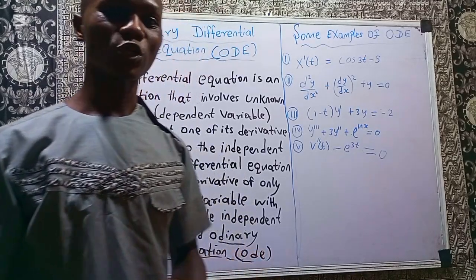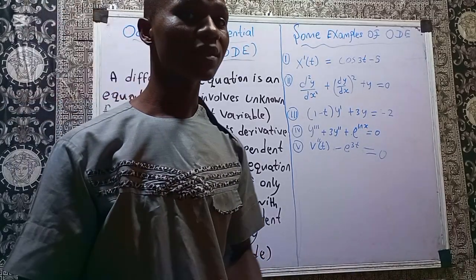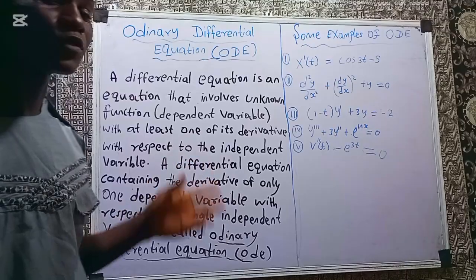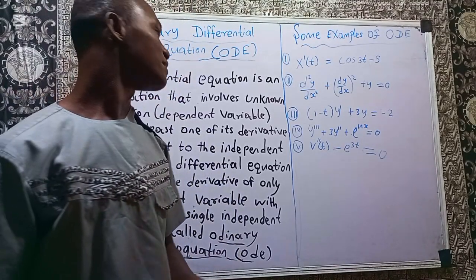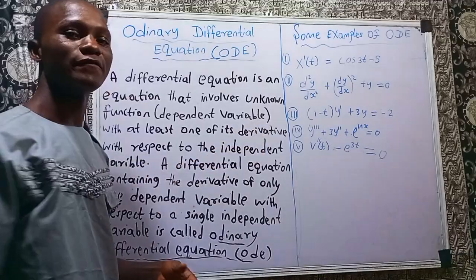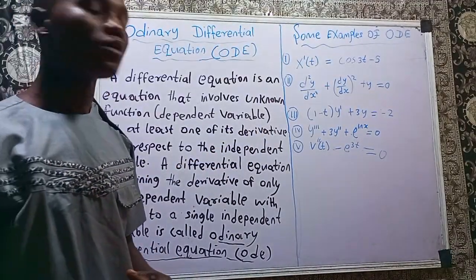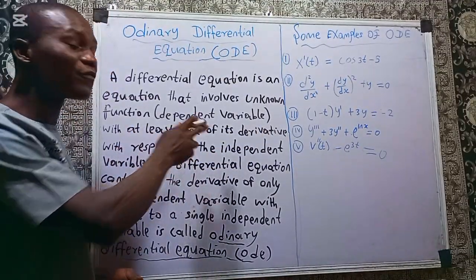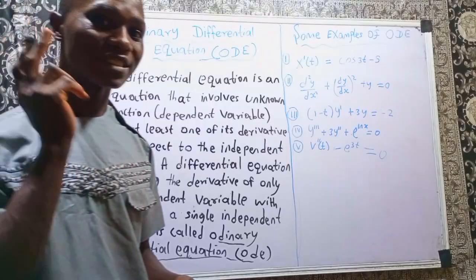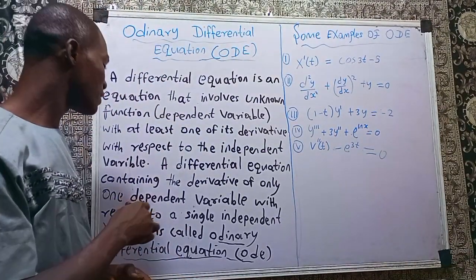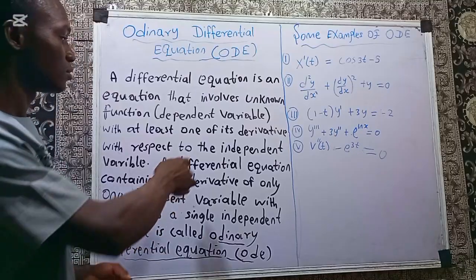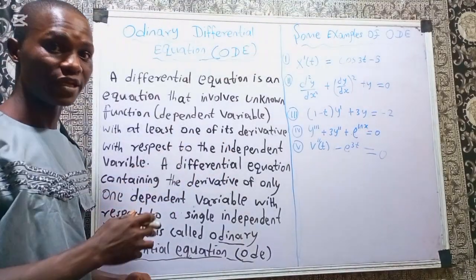Now, a differential equation is an equation that involves an unknown function. That unknown function, we call it the what? The dependent variable, with at least one of its derivatives. So, with at least one of its what? Derivative with respect to the independent variable.